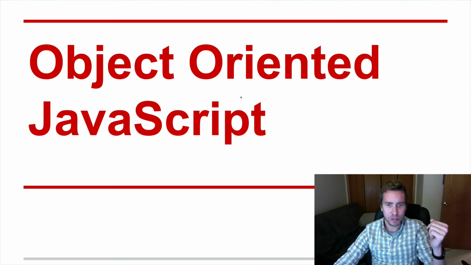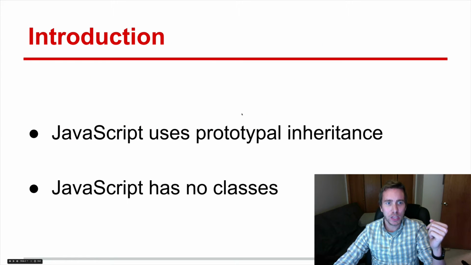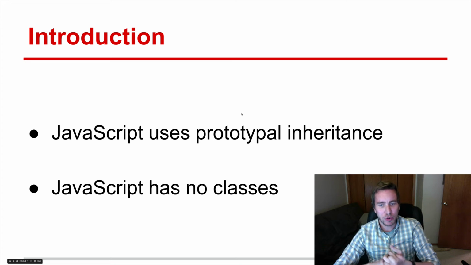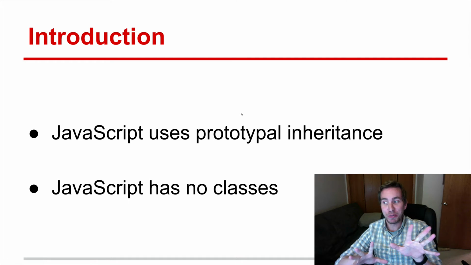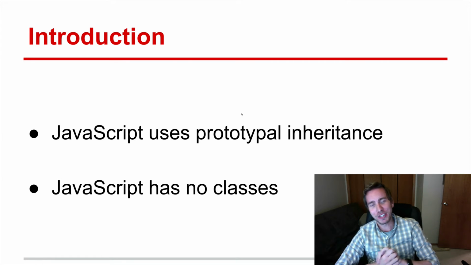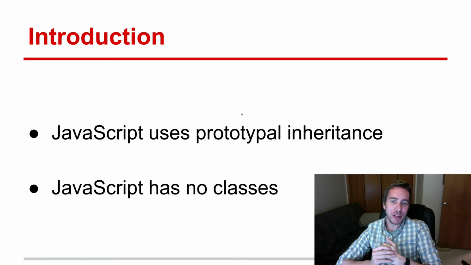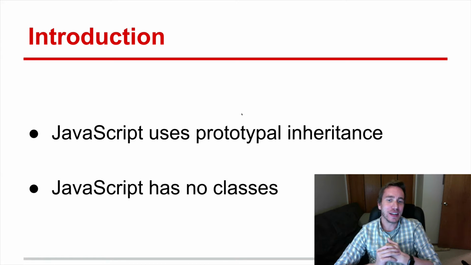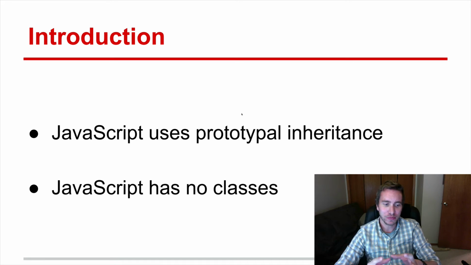So JavaScript uses prototypal inheritance, and again, I'm going to try to avoid reading directly from the slides because there's not a lot of content in the text, so hopefully I can just speak it. But it uses prototypal inheritance, and what exactly does that mean? Well, I guess in another form, it doesn't strictly use classical inheritance as you are familiar with.